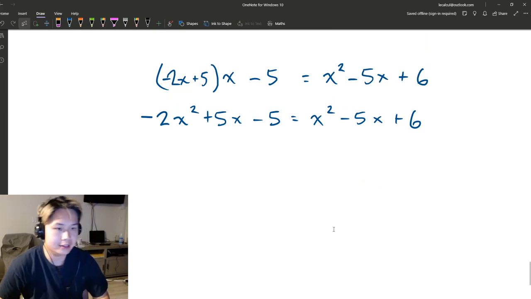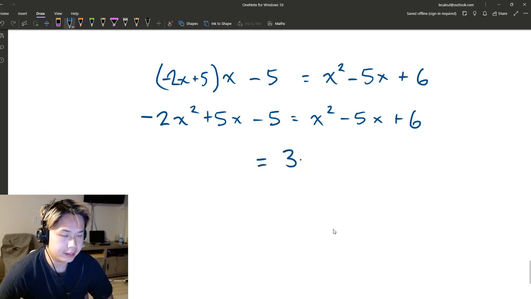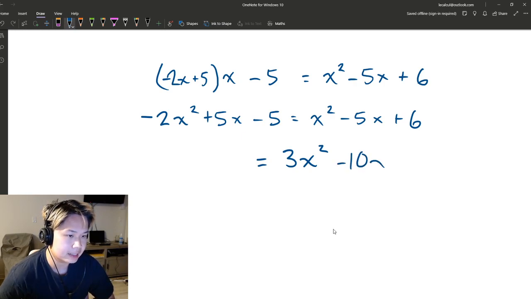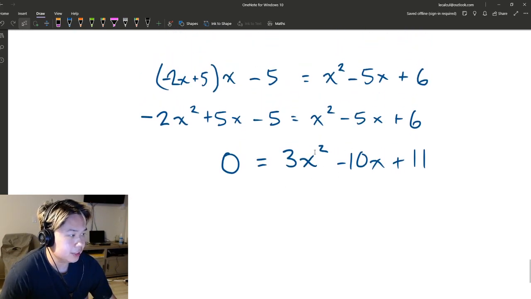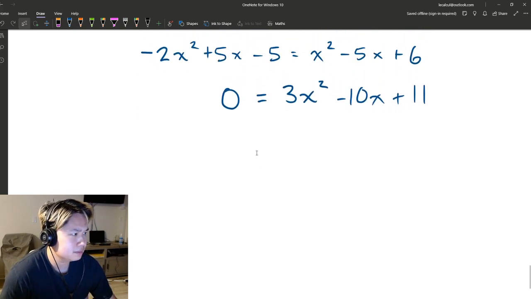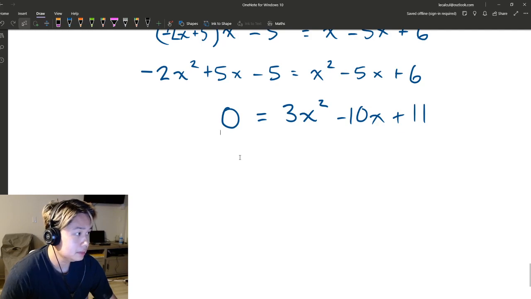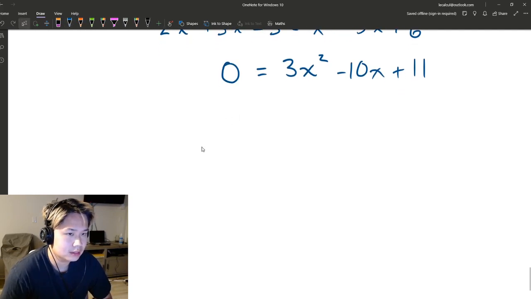Okay, so now, what do we got? I got 3x squared if I move it over to the right side, minus 10x plus 11 equals 0. Okay, and then we try to solve this quadratic. I think it's factorable.